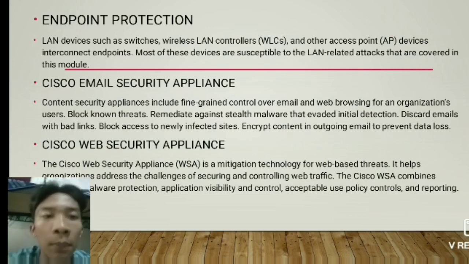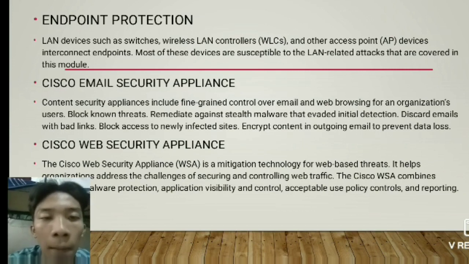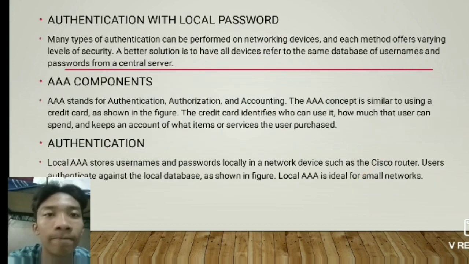The Cisco Email Security Appliance provides fine-grained control over email and web browsing for organization users, blocking known threats. Next is the Cisco Web Security Appliance, the WSA. The Cisco Web Security Appliance is a mitigation technology for web-based threats.